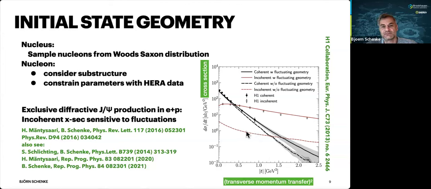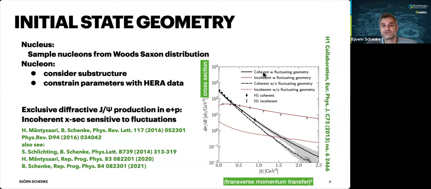So if this was steeper, it means my proton was larger. If it was flatter, my proton would be smaller. So from this, in the model, I have a parameter that describes the size of the proton. I can constrain that by fitting this data here.